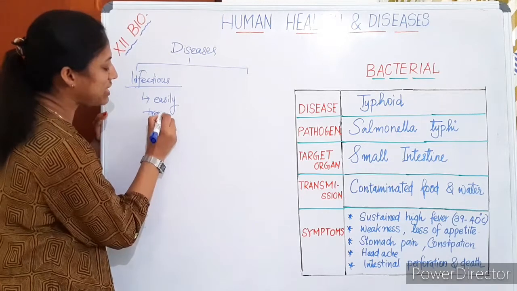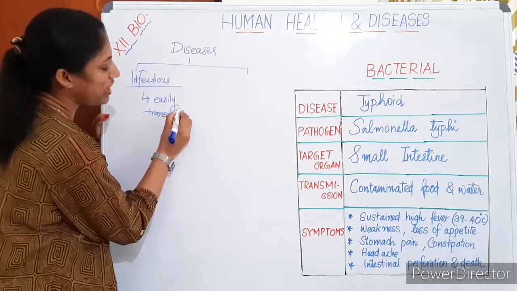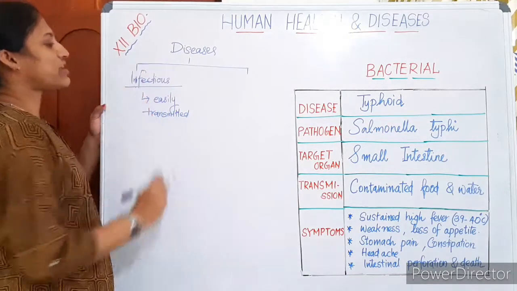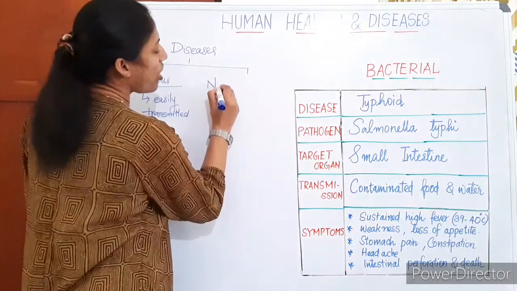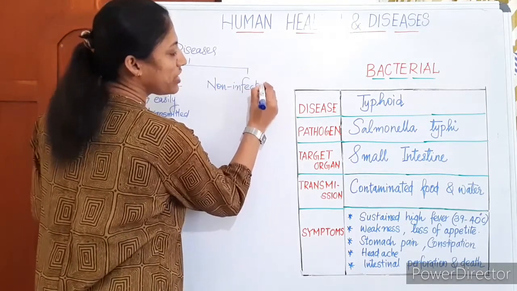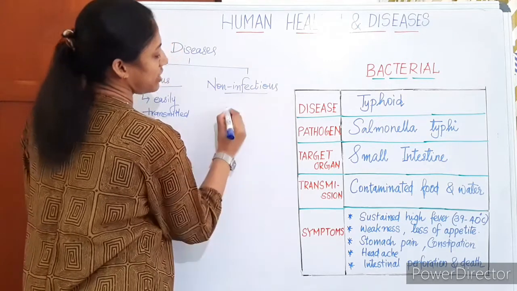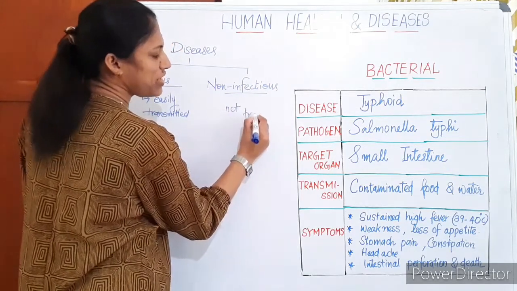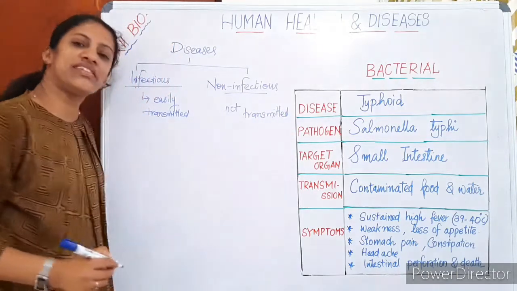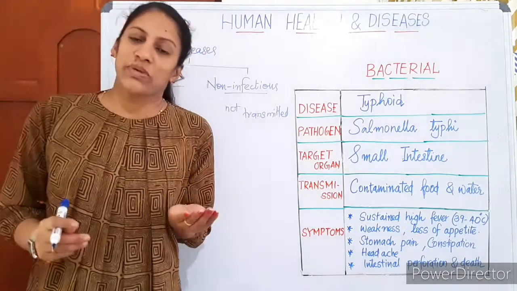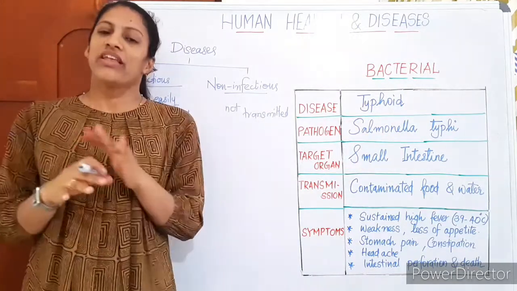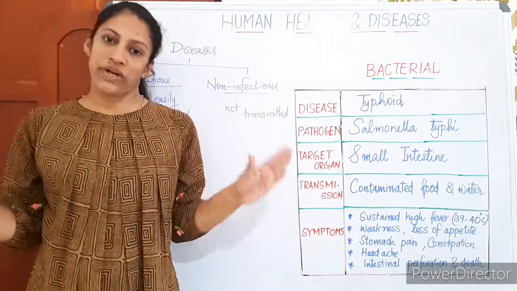Whereas non-infectious diseases are not transmitted from an infected person to a healthy person. Very simple fact, you know this. You have learned it already. So infectious diseases very easily get transmitted from an infected person to a healthy person, whereas the non-infectious diseases do not spread.